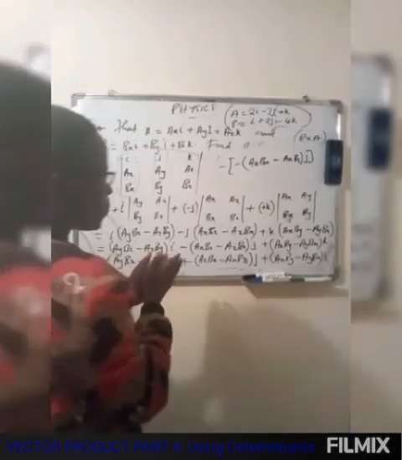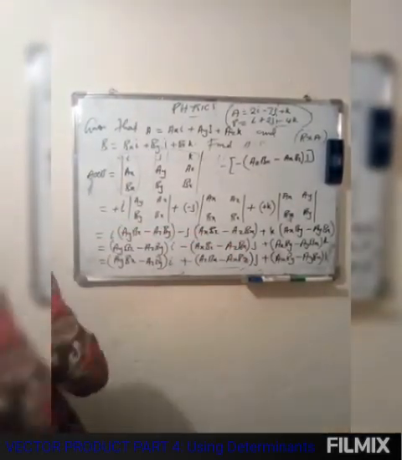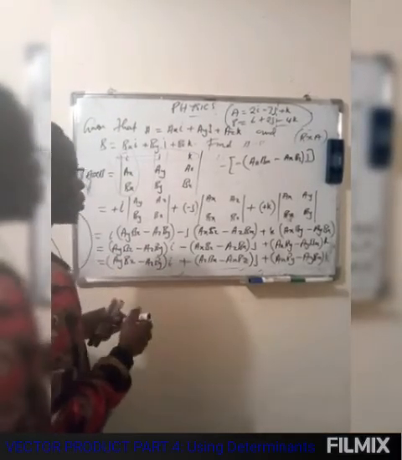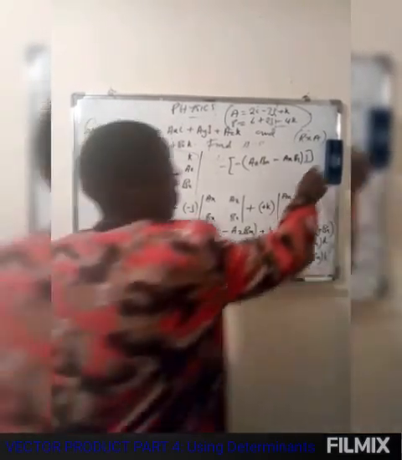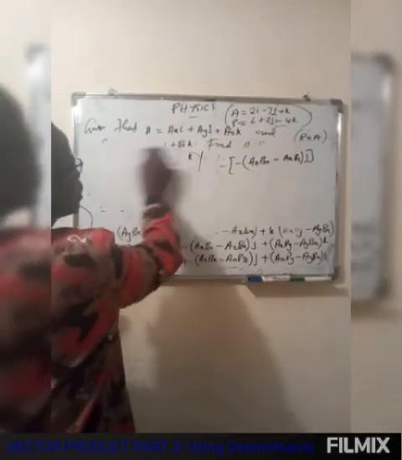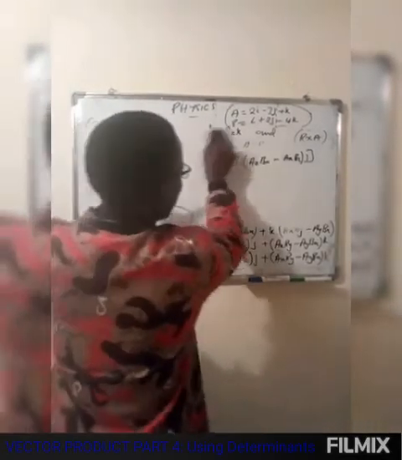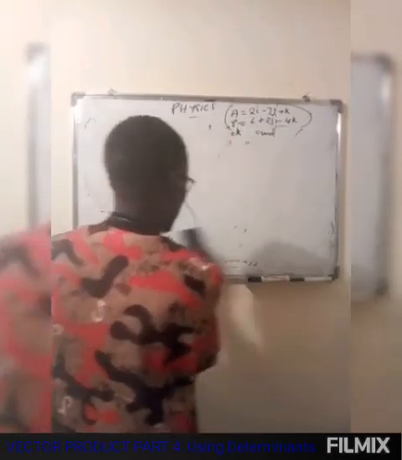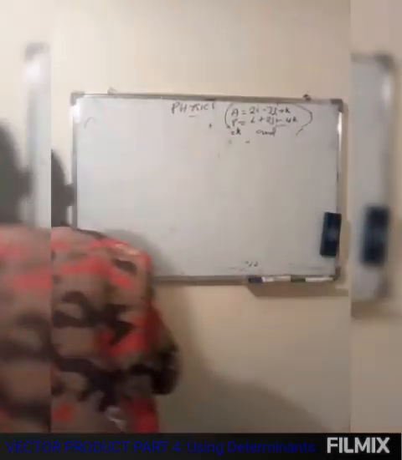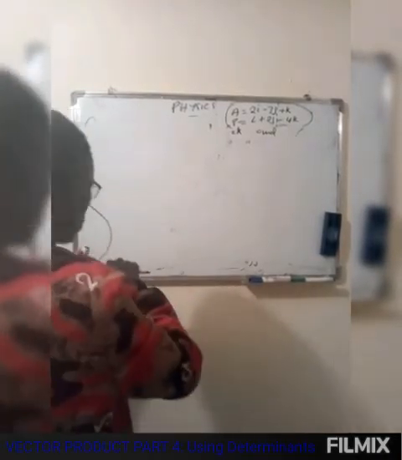Okay, so I've tried to explain how we get this using the determinant method. Now let's look at an example, right? Like I said, I'm going to use the same example that we had in the previous video, where we used the algebra method.